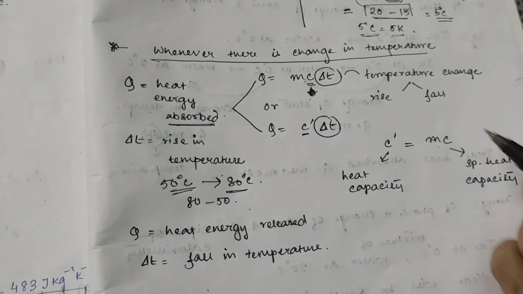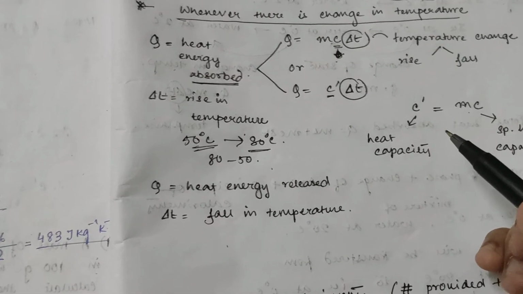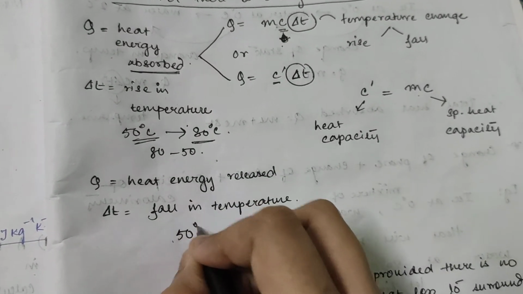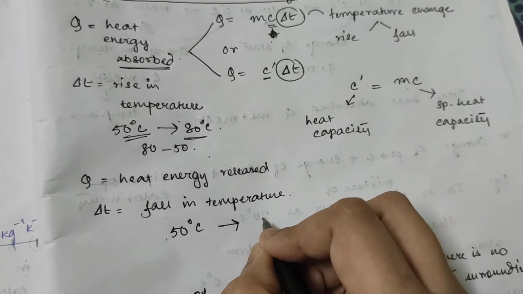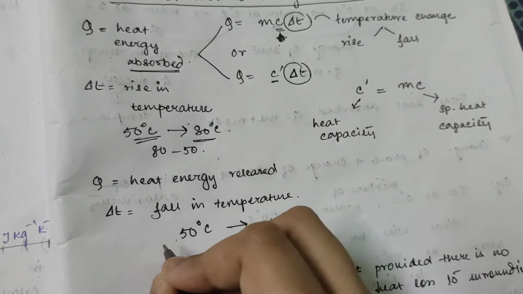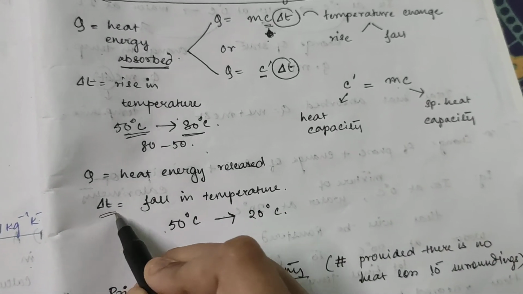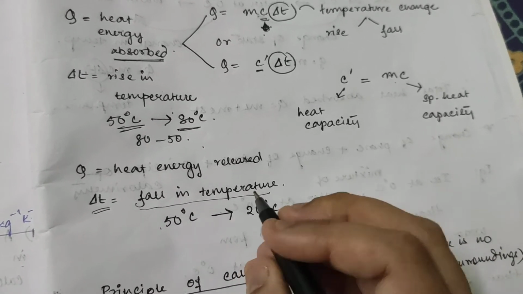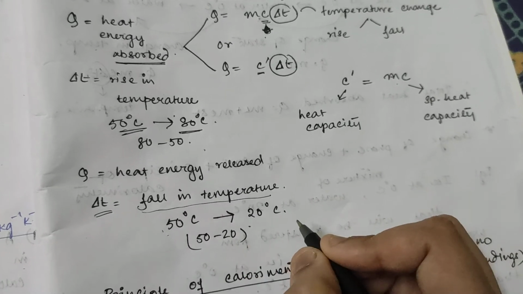Now what about when heat energy is released? Say you have a body at 50 degrees Celsius, it releases heat energy and comes to 20 degrees Celsius. So what will be delta T then? Delta T is now the fall in temperature. We won't write 20 minus 50, we will say 50 minus 20. Why?